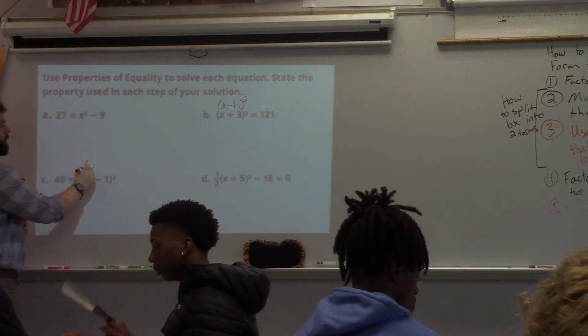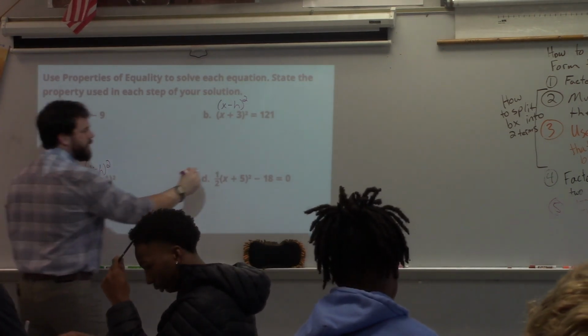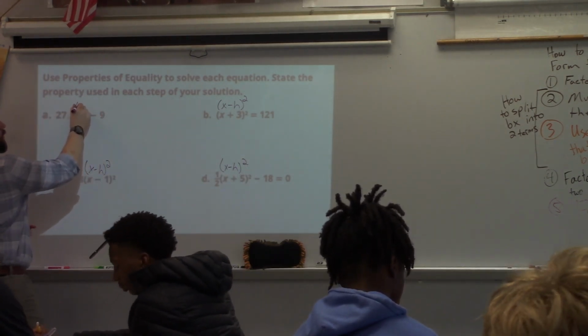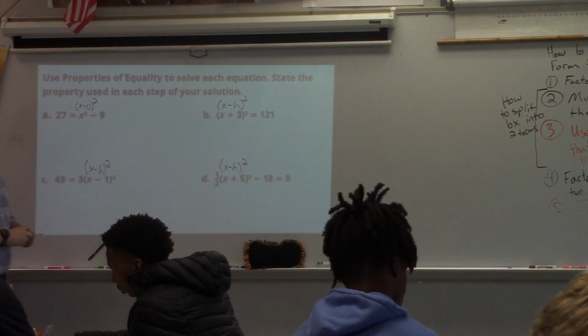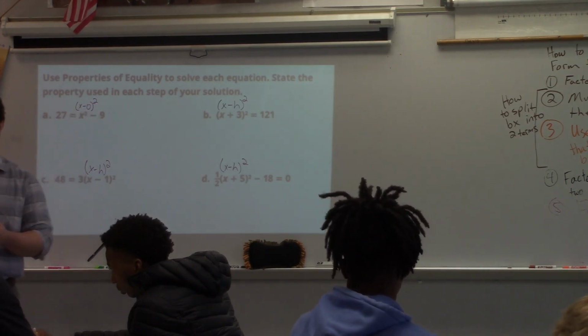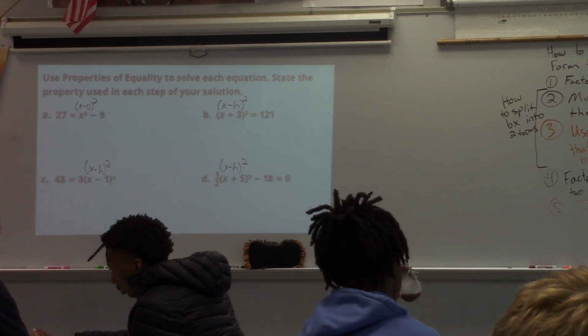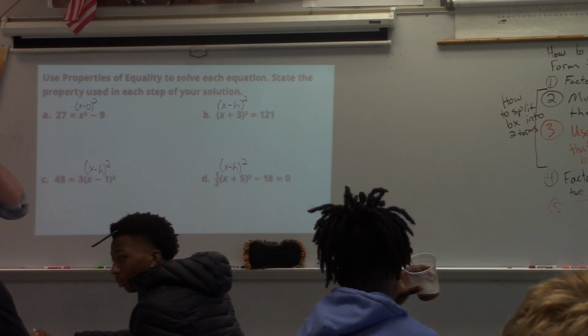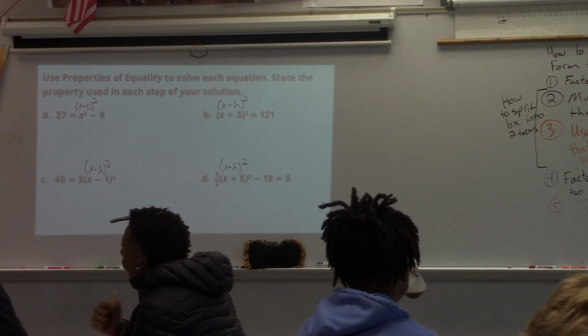I'm talking about all of them. All of these have an x minus h. Now, technically this one's a little unusual, but it could be x minus 0 squared. So every single one of these can be seen as an x minus your h squared. It's a vertex form. What methods do we use to solve a quadratic in vertex form?